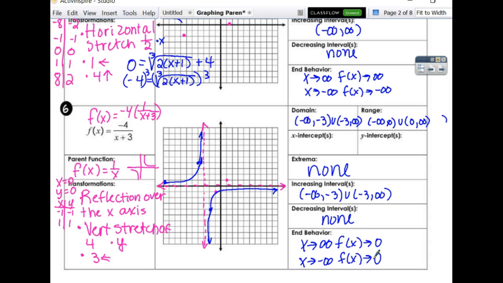Because I have the asymptote, so I don't have an x-intercept. The y-intercept, I have to plug in 0 for x. So if I plug in 0 for x, I get negative 4/3. Any questions?